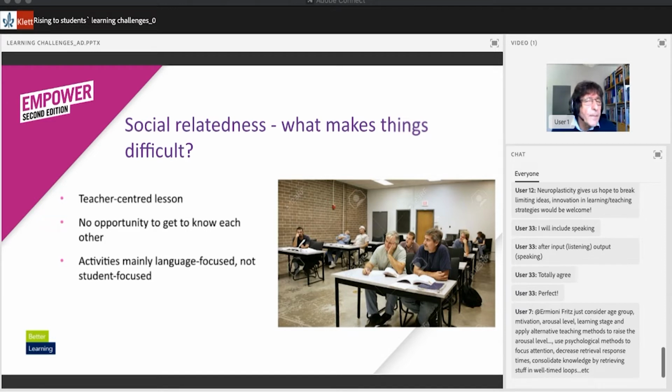And as a result, I found I felt very inhibited about saying anything in Hungarian because I felt I was in a class of strangers. And it was only much later on that we all went out for a drink together after the course and we got to know each other. But of course, by that time, it was too late. Much better if we got to know each other as part of the classroom activity.